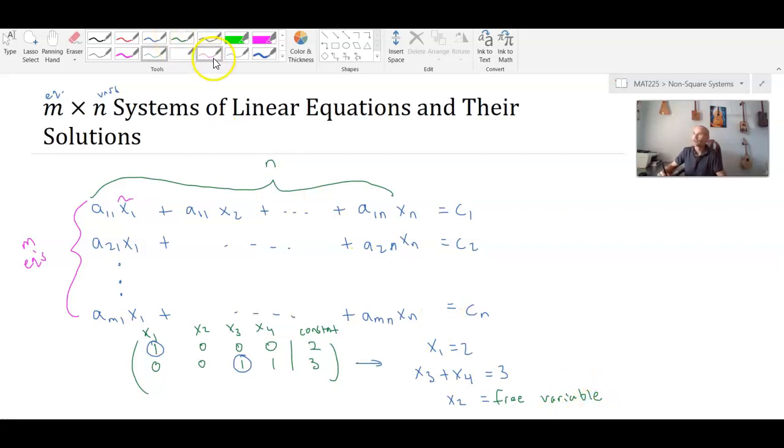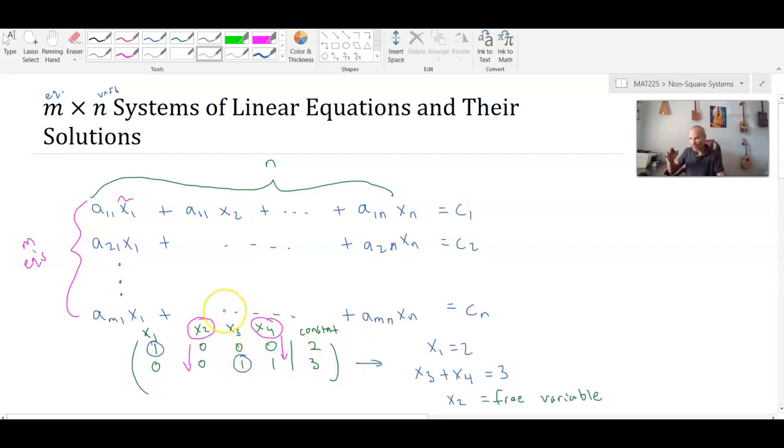And you'll also notice that x2 is one of two variables that does not have a leading 1 in any of the rows as you look down. x4 is also such that there is no row in which x4 has the first non-zero value. The first non-zero value in row 2 appears in the x3 column.